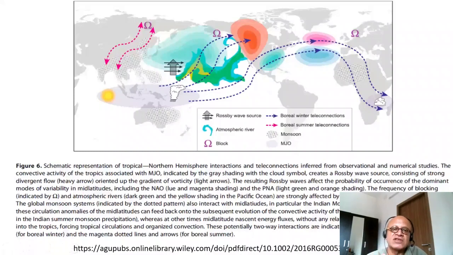To the extent that the model has a monsoon, it has an MJO-like feature. It may not be as strong, it may not be propagating at the right speed, and so on. But when you project onto RMM, it has its own rendition of the MJO. Then you can see if the model is able to do these processes with its MJO and its monsoon, and so on and so forth.